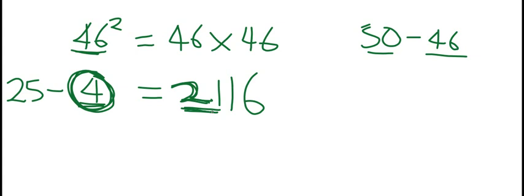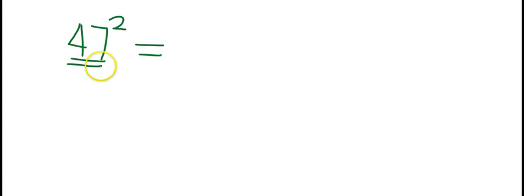Another example will help you understand better. Let's see another example as maybe 47 and want to square this. I'll first take this number from 50, and I know that 50 minus 47 is 3. Then subtract this 3 from 25. That 25 is automatic for squaring numbers that begin with 4.